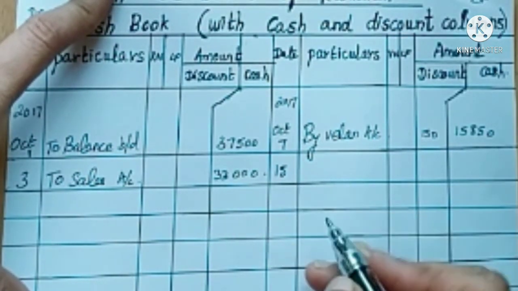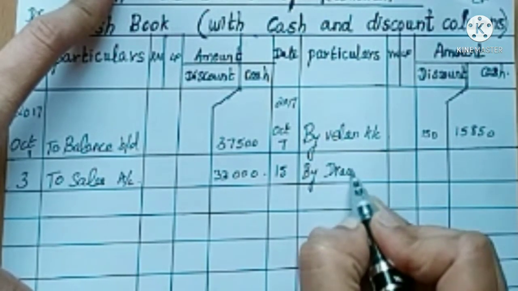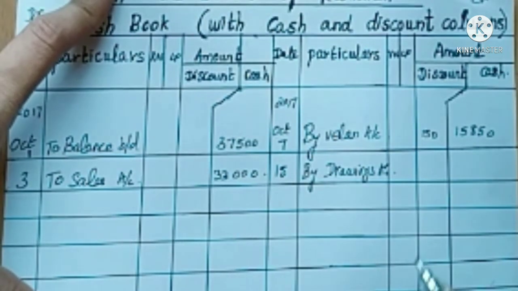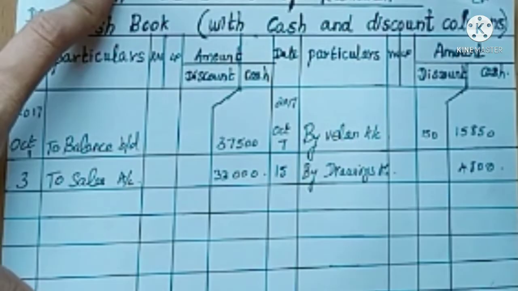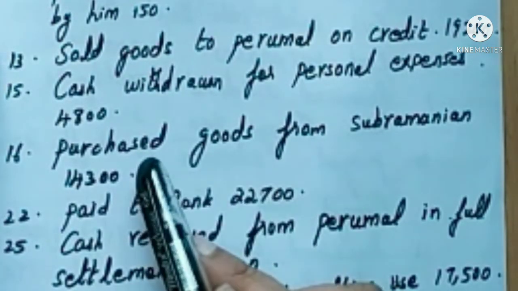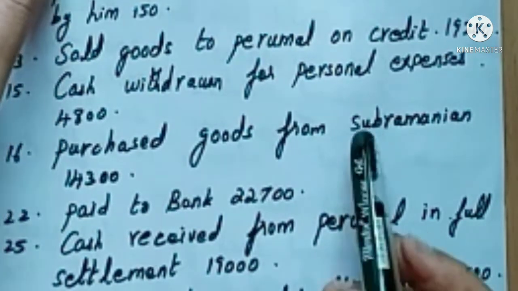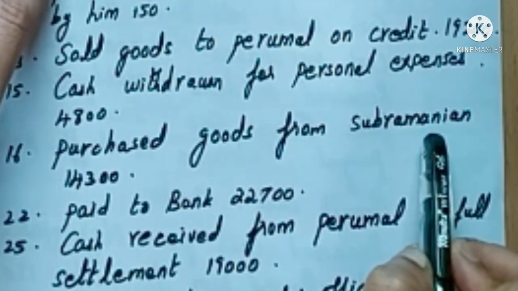15th October 2017, by drawings account, 4,800 rupees. We know that the goods are purchased from Subramaniam on credit. Why? Because if any name is mentioned, it means it is a credit transaction.